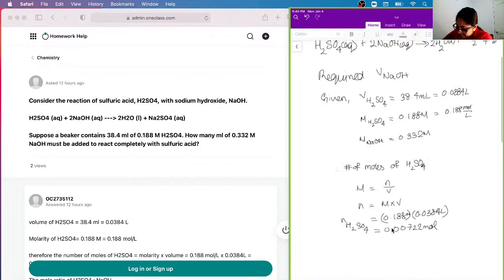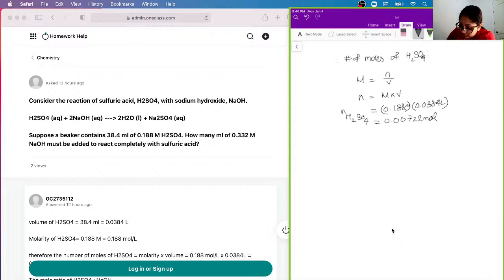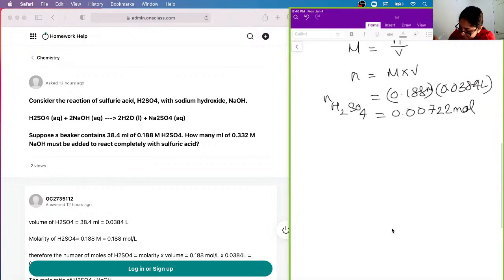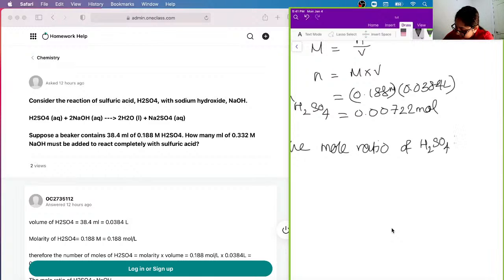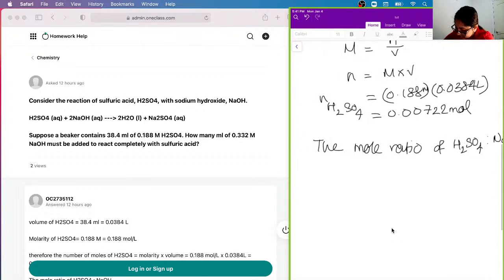So the mole ratio of H2SO4 to NaOH is basically 1 to 2.